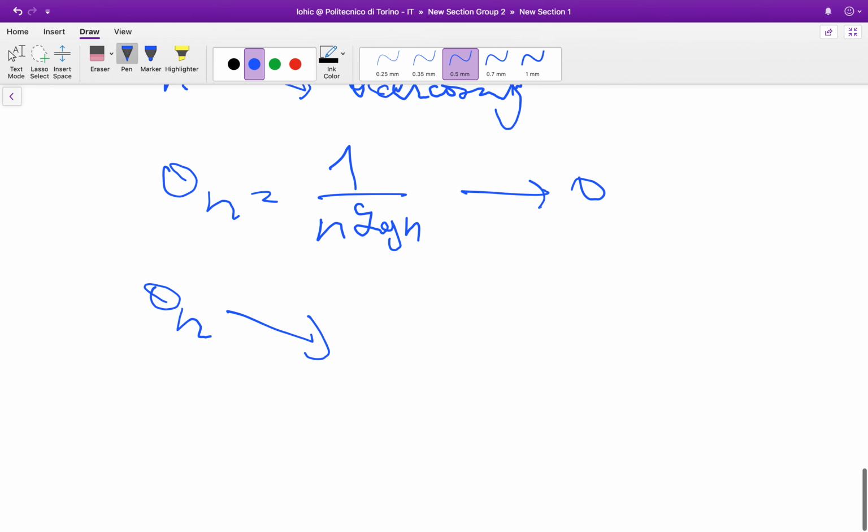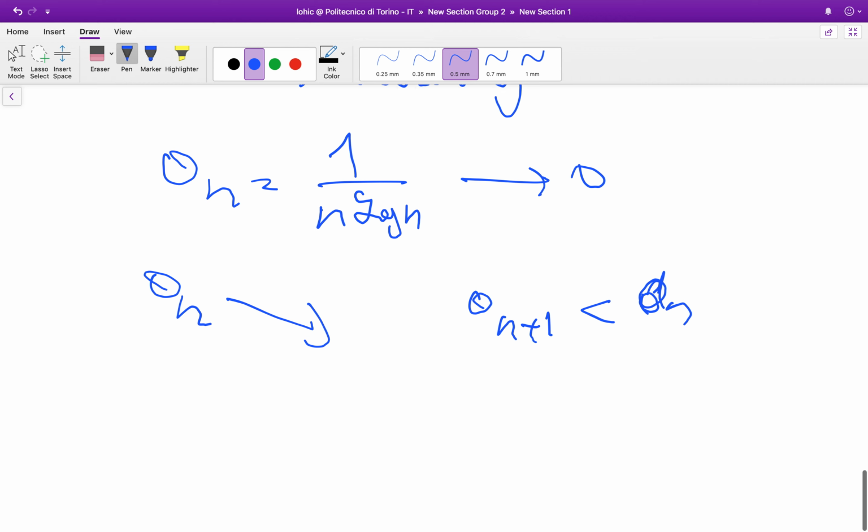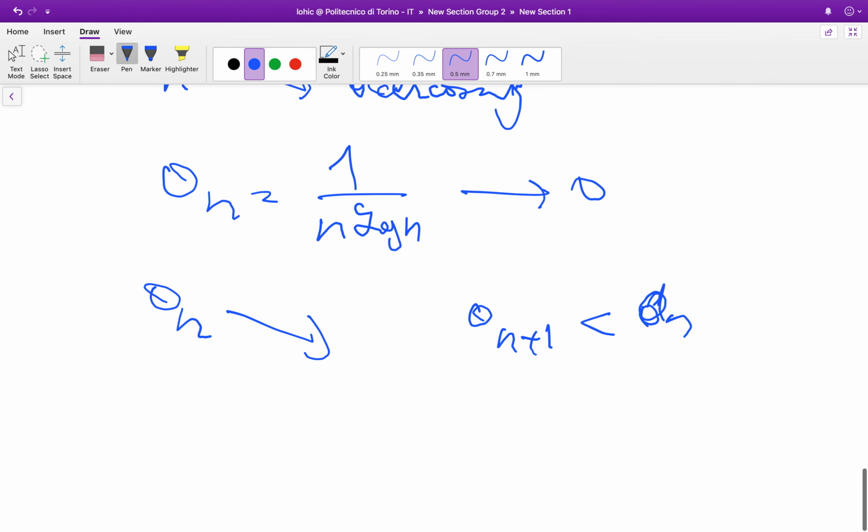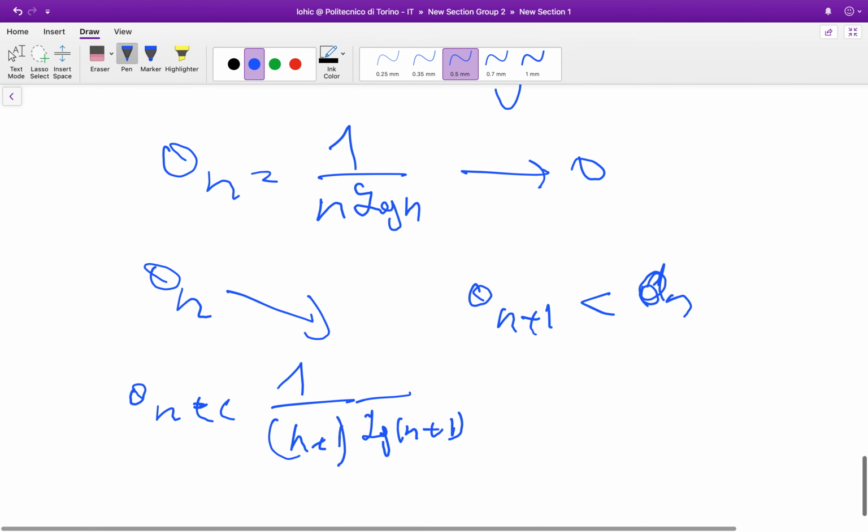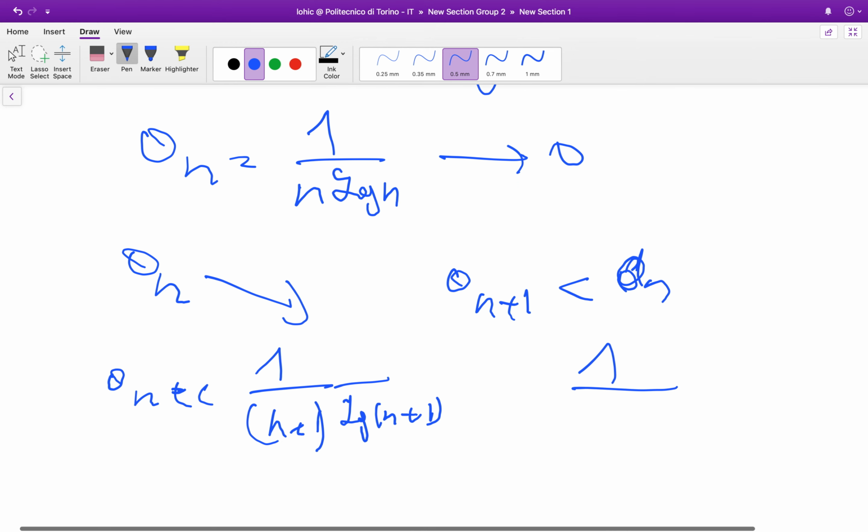To make sure a sequence is decreasing, we check whether a_(n+1) is smaller than a_n. a_(n+1) is 1 over (n plus 1) multiplied by the logarithm of (n plus 1), and you compare it to 1 over n log n.